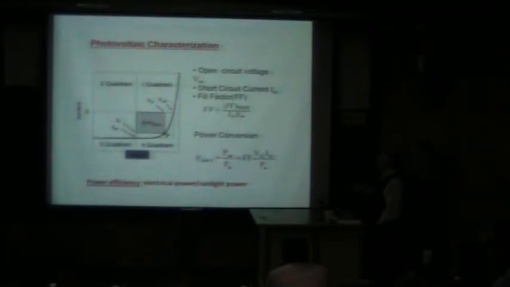This is a very useful equation, because P in of the sunlight is 100 milliwatts per centimeter squared, so it's 100 here. So all the numbers, if you multiply them, you can get percentage directly. And what we have right now for organic photovoltaics is a maximum of 6.5% efficiency. In say, crystalline silicon it is maybe 25 to 30%, but it's very expensive.